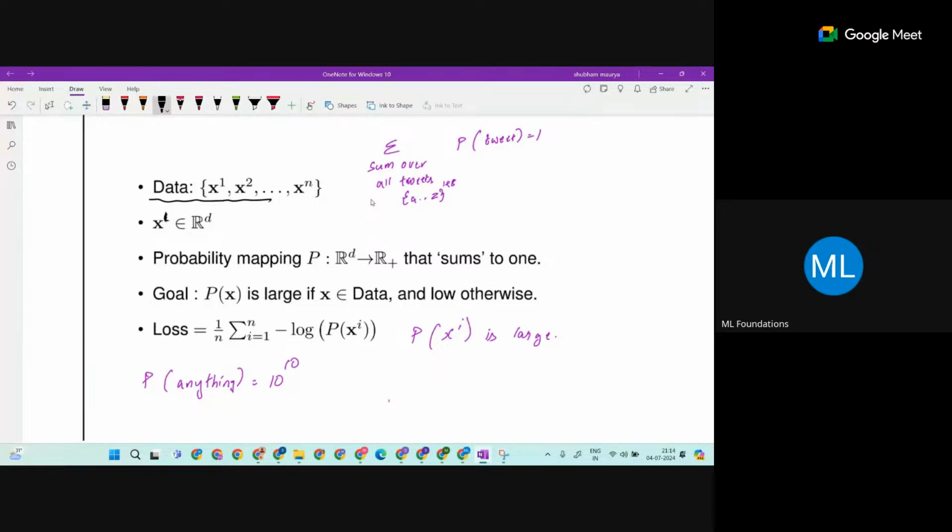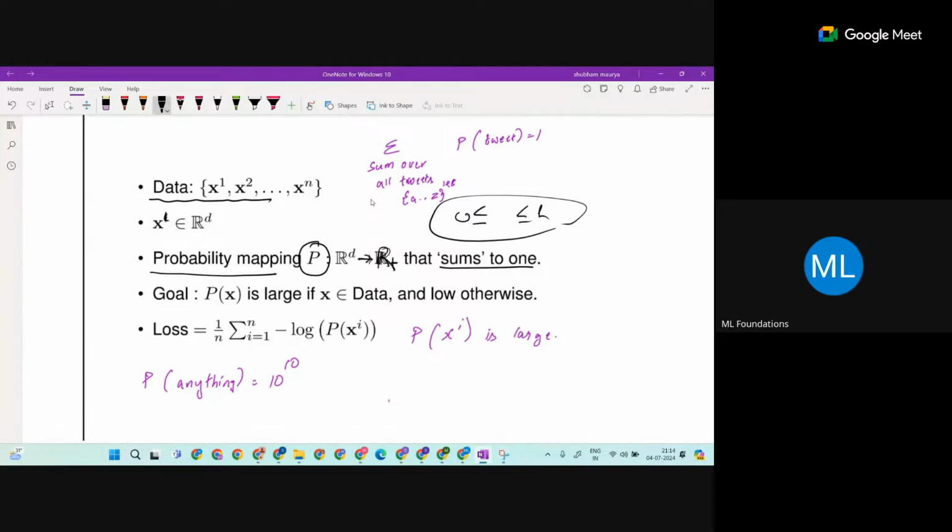It is a kind of probabilistic model, so a probability is given for each data point. This probability is a real value, and as you know, probability always lies between 0 and 1, and the sum is going to be 1. So the probability model here is P.